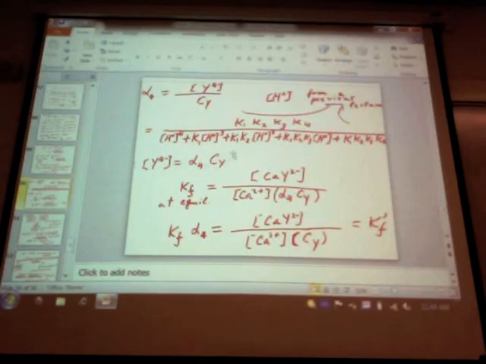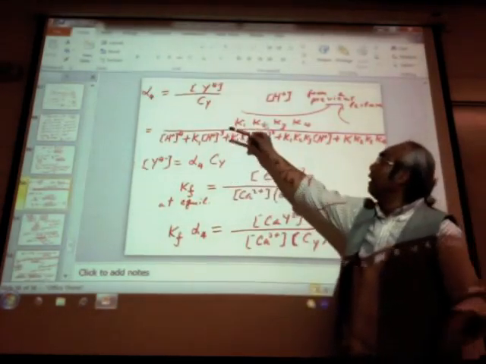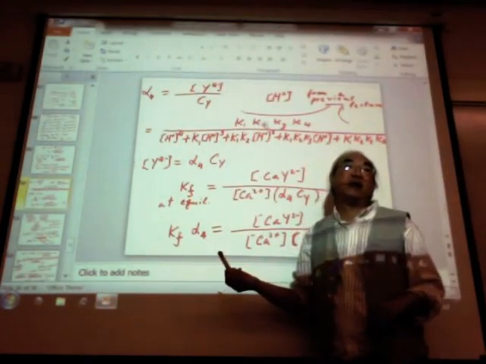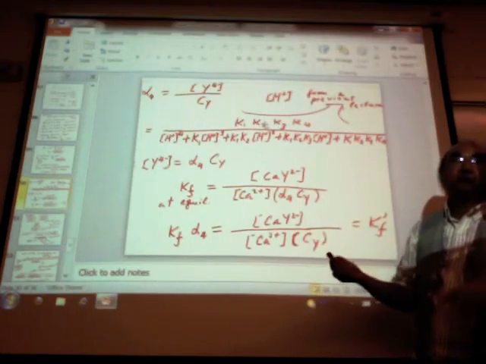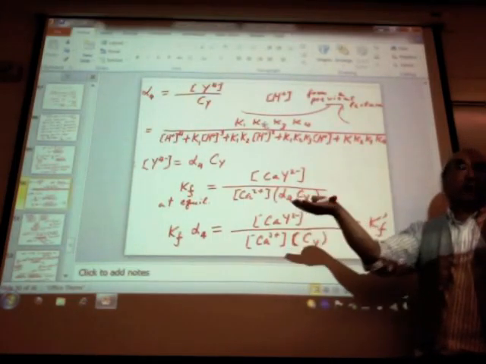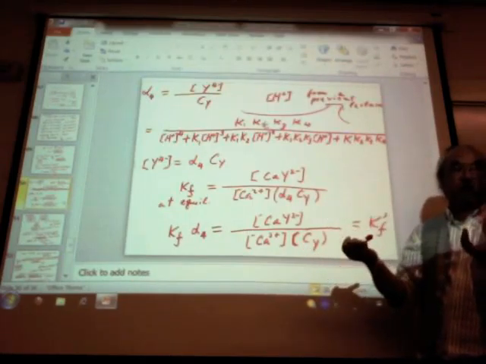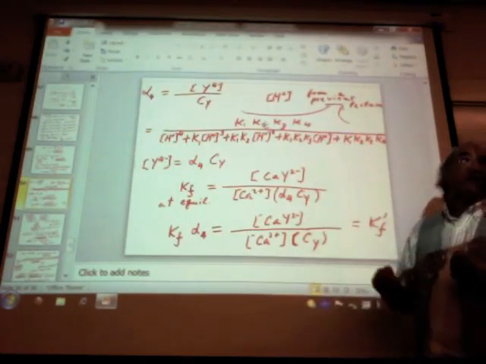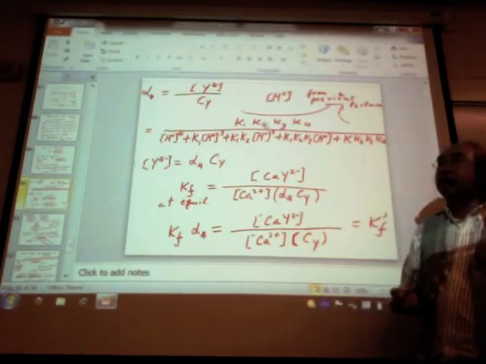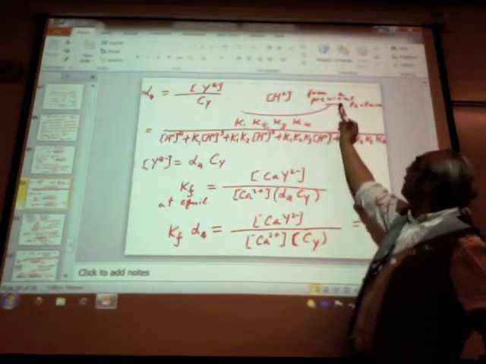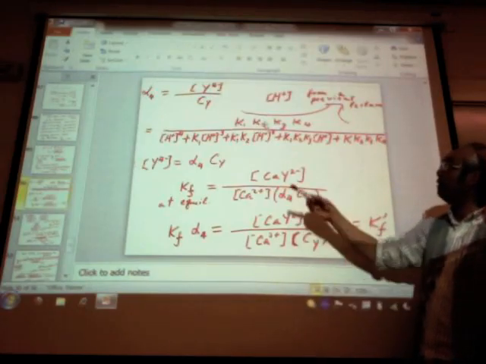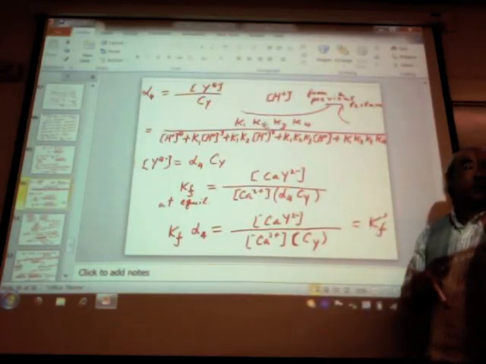So come to this one here, then what is the fraction now? It is alpha 4. So it's defined as pH dependent, right? Otherwise you would not know the combination of H to the Y. It's because of the availability of the H. So for alpha 4, you plug in pH equal to 10, then H is 10 to the minus 10.